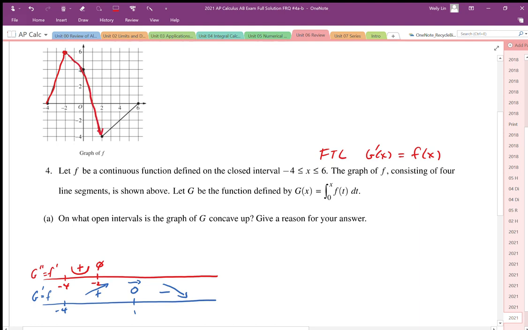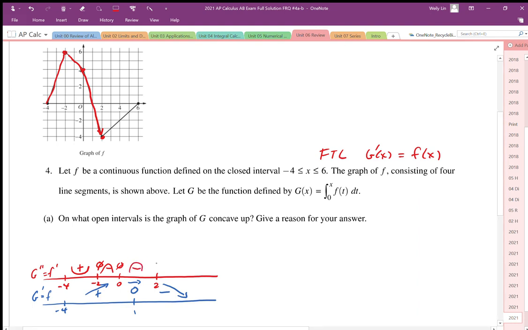Although we have an undefined slope at 0, we know that it is negative slope through here, or concave down. We have a negative slope through to +2, so the second derivative is negative, and again concave down here.